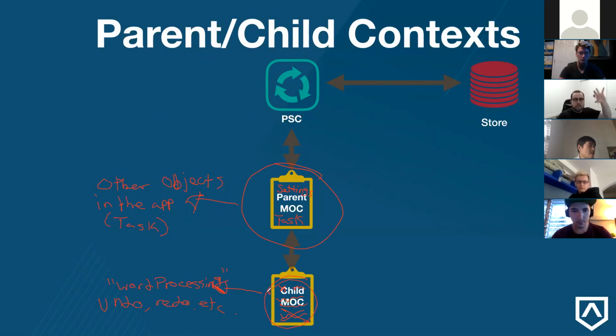Having them be separate makes it so that you can have one be more like the managed object context that we've been using today, which is just to save things. But then you can have this child context be treated more like a sandbox where you can do whatever. However you mess with that, whether you undo, redo, clear it, save it, or whatever, that doesn't directly affect anything going on with this parent managed object context.